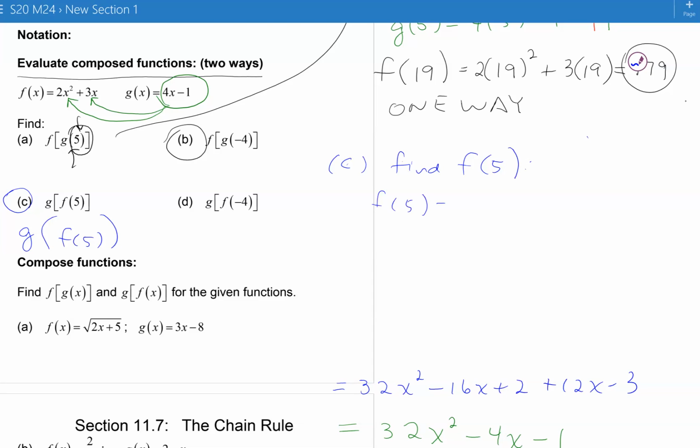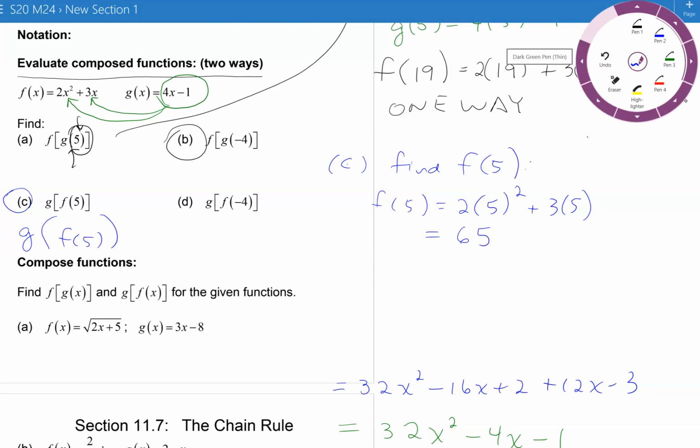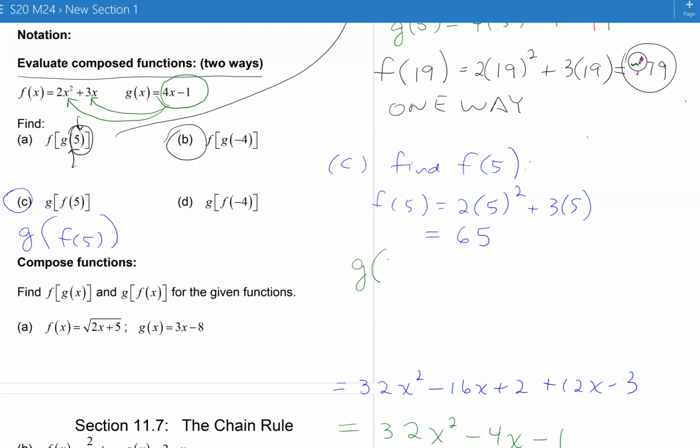So f of 5 equals 2 times 5 squared plus 3 times 5, or 65. And then you would find g of 65. So that's going to be 4 times 65 minus 1, or 259.